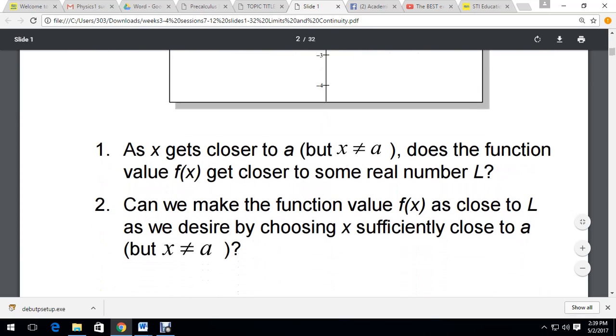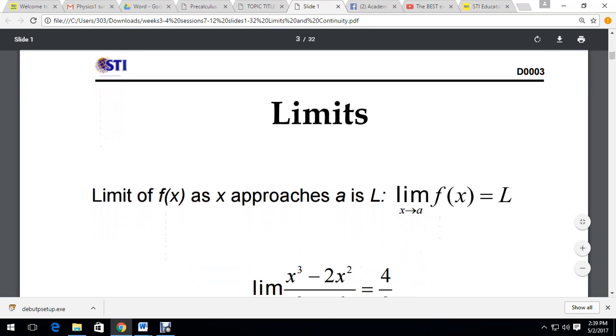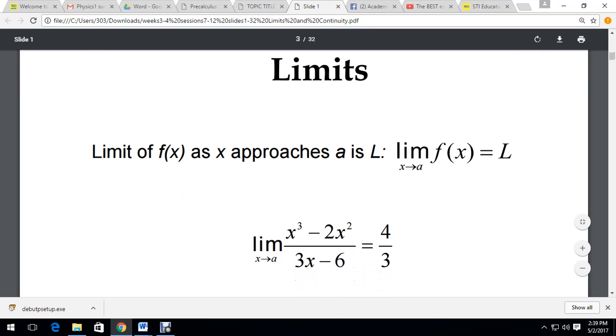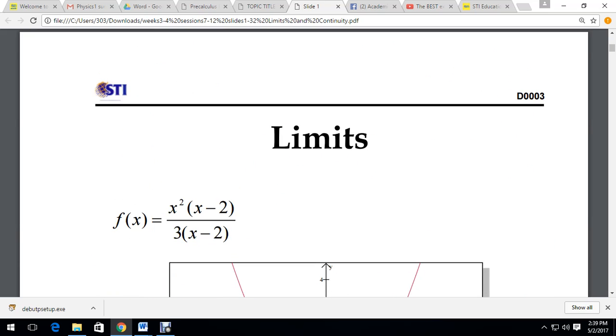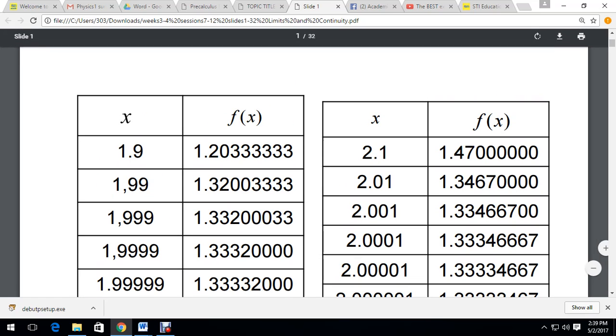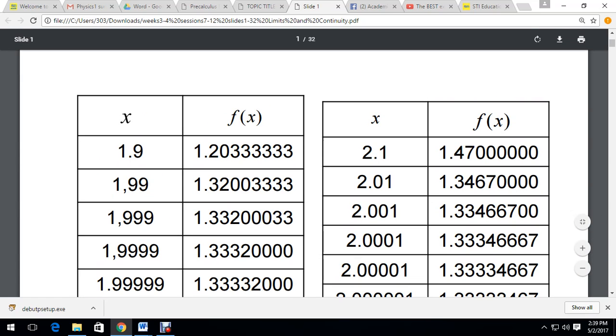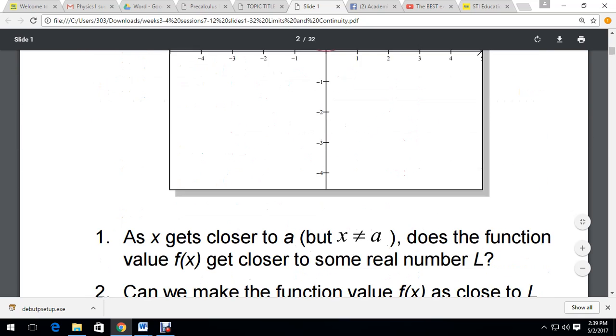But later on, as we progress in this topic, we will have an actual procedure for determining 4/3 as x approaches 2 without assigning values for x every time and determining the behavior of f of x.